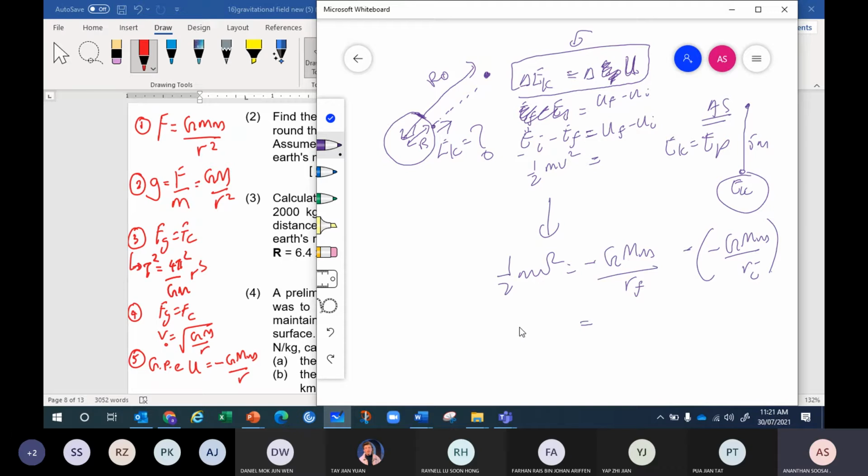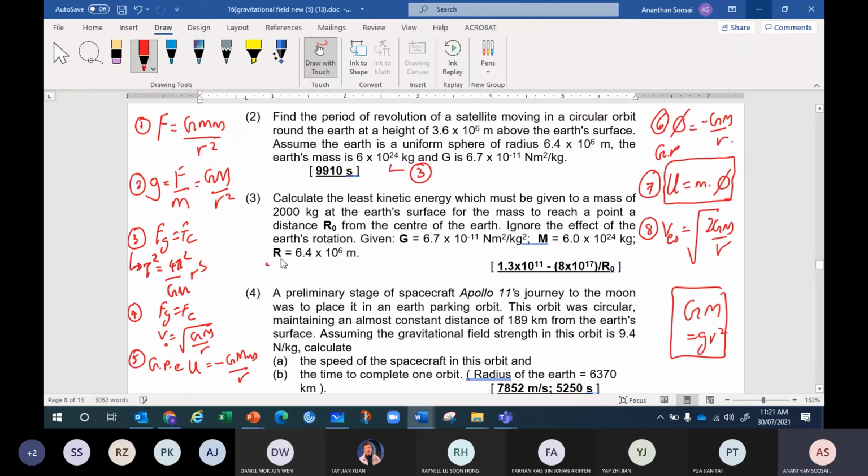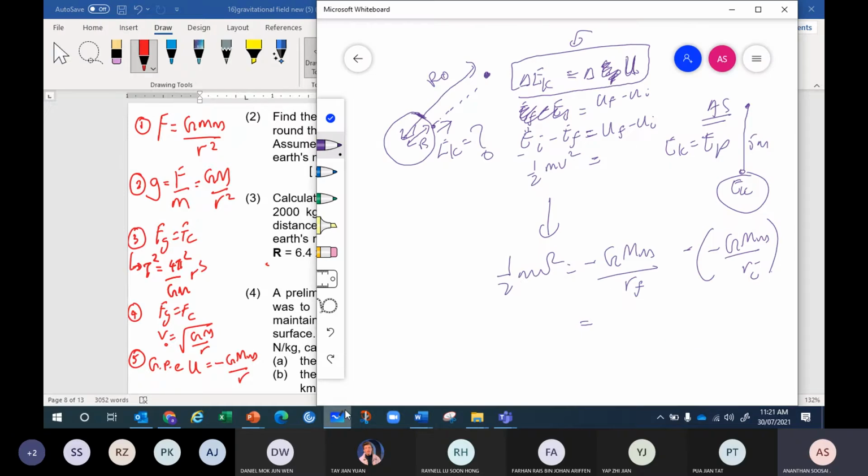Okay, now let's use their term. We are looking for the least kinetic energy, the initial. So we don't need to expand this half mv squared, just leave it as the kinetic energy. So negative GMm over r final. What is r final?